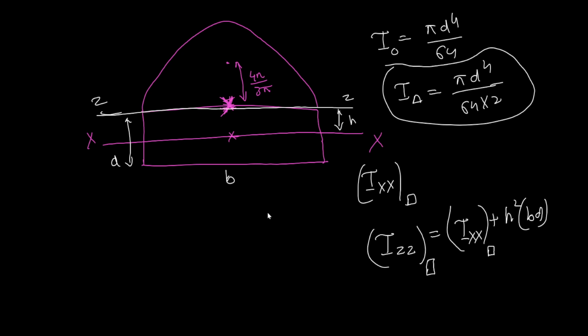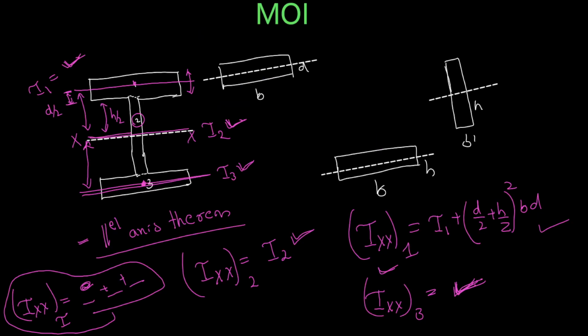Similarly, whatever question will be asked, by putting the dimensions into the figure formula, you will be able to calculate the area moment of inertia very easily. This is a very easy concept.